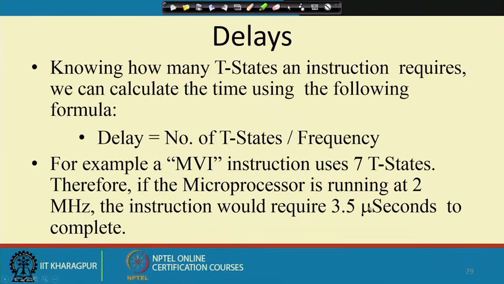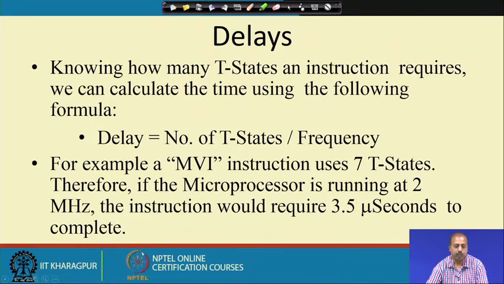If the microprocessor runs at 2 megahertz, this instruction requires 7 divided by 2 megahertz, that is 3.5 microseconds to complete. That is exact, not dependent on any other factor.